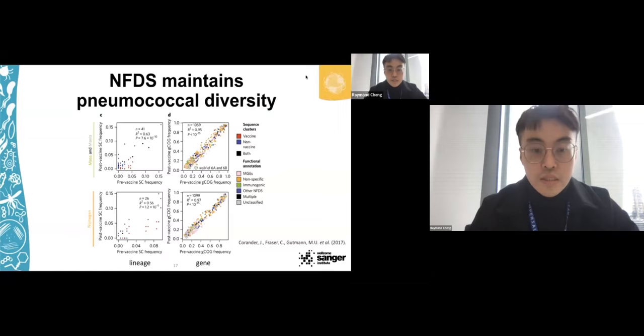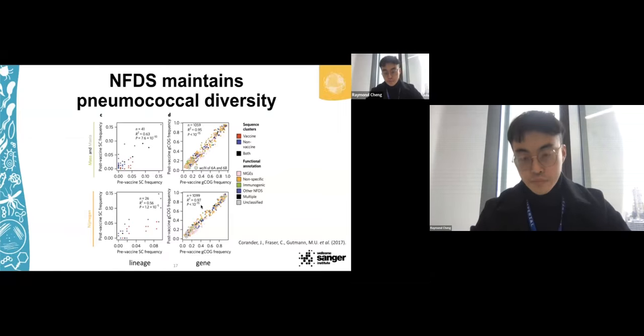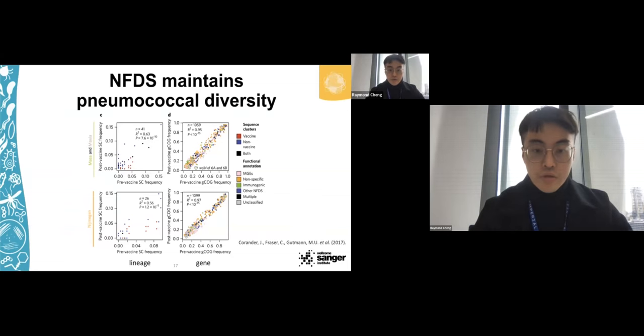You can see here at the lineage level and at the gene level. This demonstrates that at the gene level, we can see a high correlation between the pre-vaccine bacterial population and the post-vaccine bacterial population.